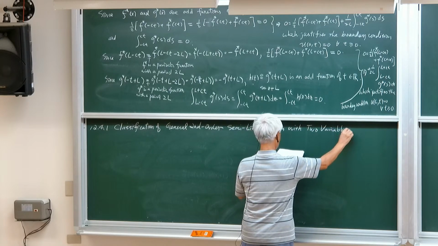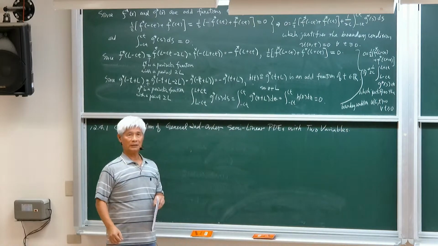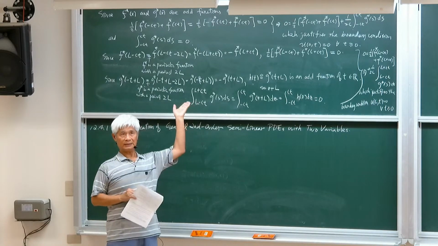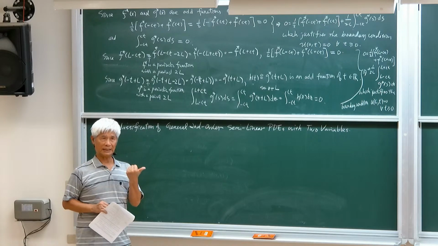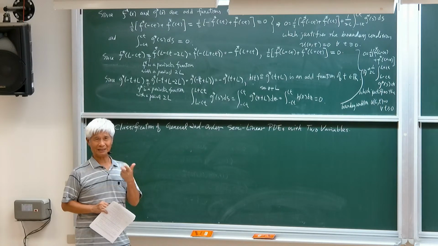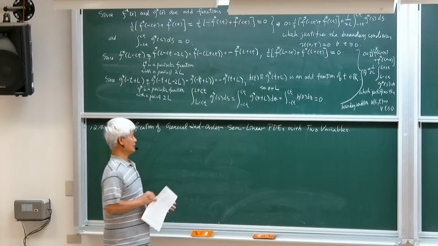So we restrict ourselves to functions like in the one-dimensional wave equation, there are two variables. One is x, a spatial variable, the other is time variable t. Right.